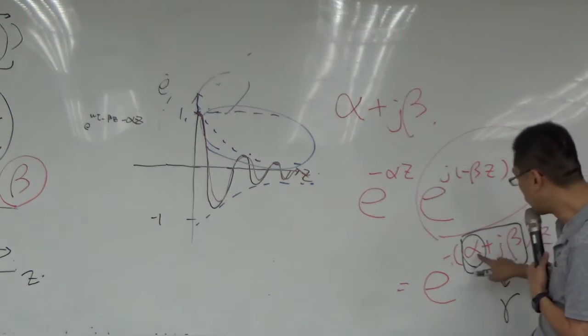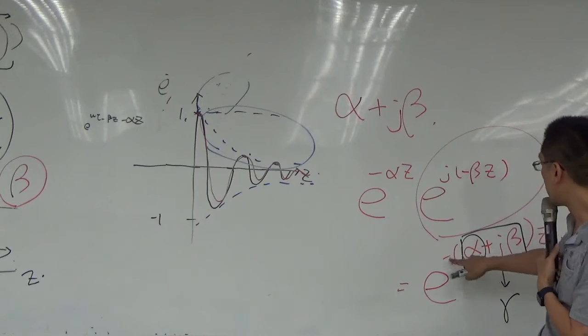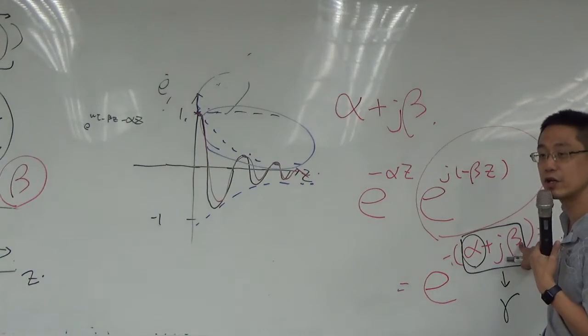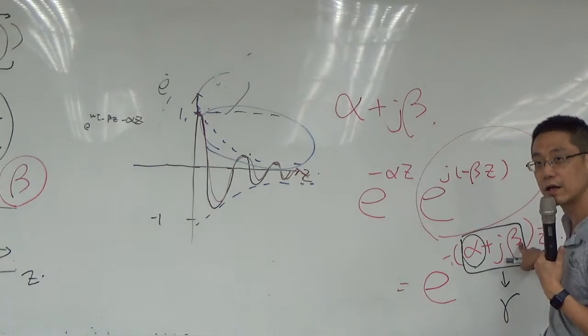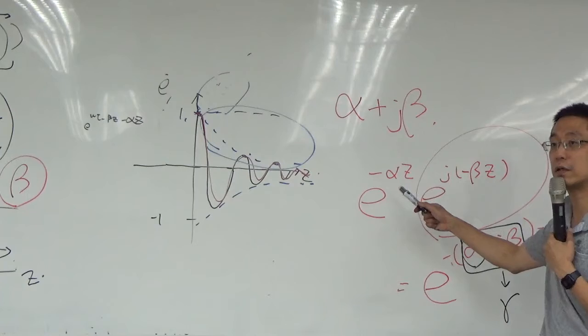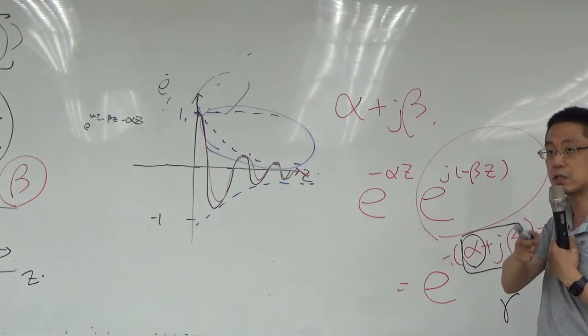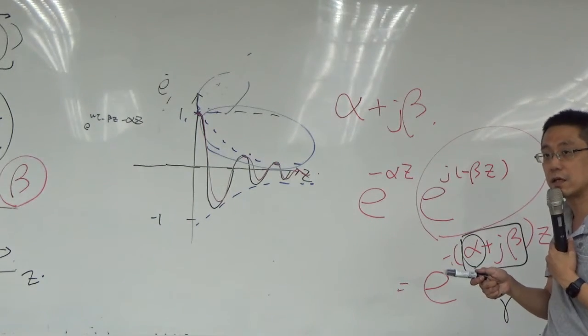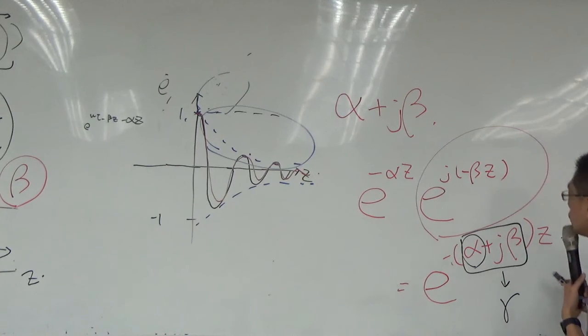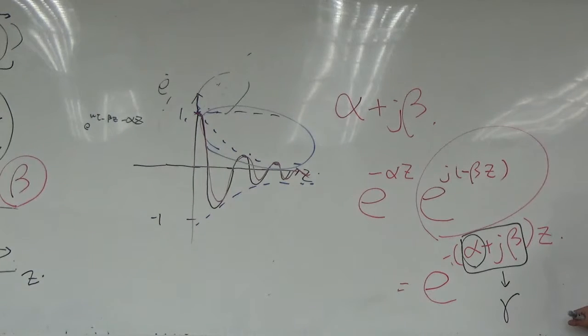If you don't have loss, alpha is 0, and this becomes minus j beta. Okay, this is important between lossy and lossless. And this is where gamma comes from. So for our case, you need to think about the loss. You use not the exponential minus j beta z.